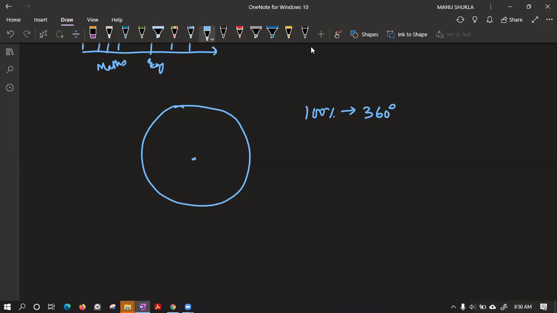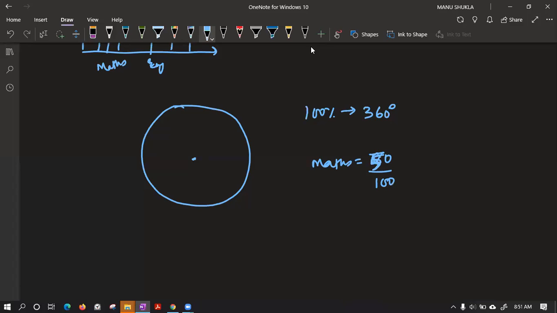So suppose I want to find a pie chart for my performance in some examination, as in math, suppose someone has got 80 out of 100, or you can say 50 out of 100.